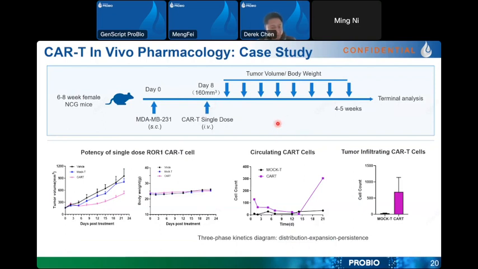During this course, we will measure the tumor size and the body weight for efficacy, the circulating CAR T cells for effector cell proliferation, and the amount of effector cells infiltrated into the tumor tissues. These 4 are the most common assays we will conduct during the in vivo animal model stage.